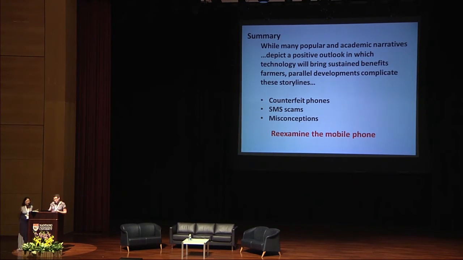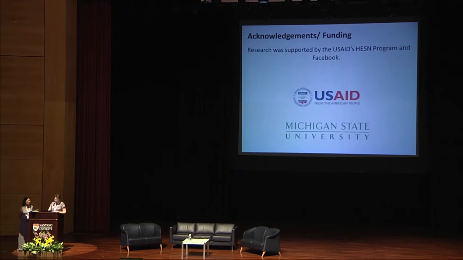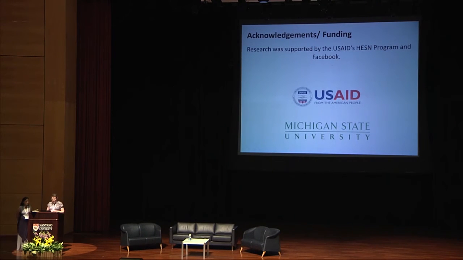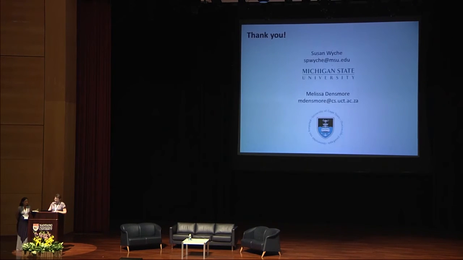And I think that means to take a step back and, again, rather than thinking about how phones could be used, really re-examine the mobile phone and figure out how it can be better suited for the context where farmers are using it. So again, the work was affiliated with our HESN USAID project at Michigan State University.